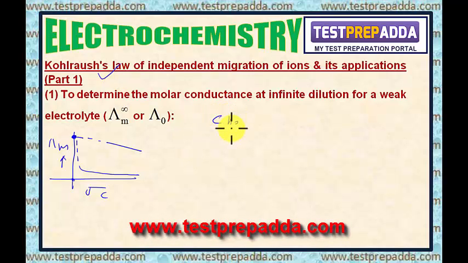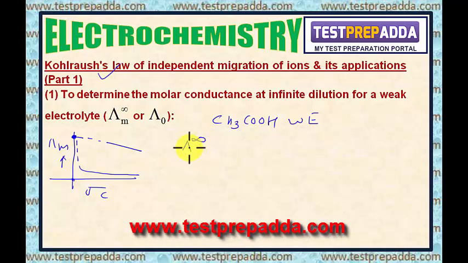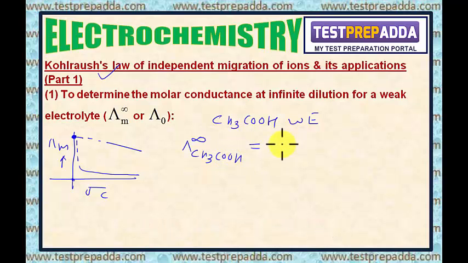Consider CH3COOH. This is a weak electrolyte. If I use Kohlrausch's law, I will write lambda infinity of CH3COOH is equal to the molar conductance of CH3COO minus at infinite dilution plus the molar conductance of H plus at infinite dilution.